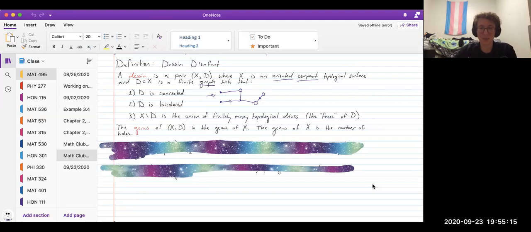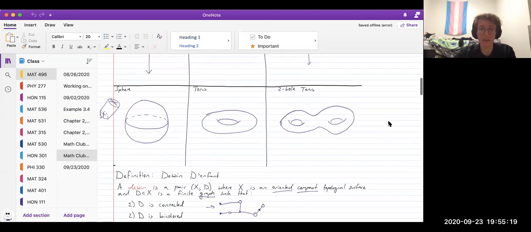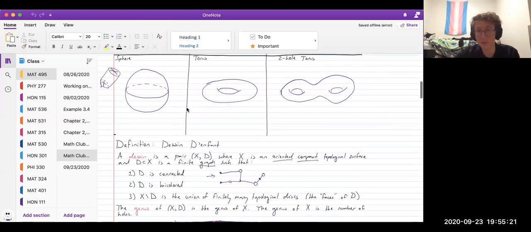For the surface, the genus is the number of holes. Looking at our example compact oriented surfaces up here, the sphere has genus 0 because it doesn't have any holes in it. The torus has genus 1 because it has just this one hole. Two-hole torus has genus 2. A three-hole torus will have genus 3, and so on.